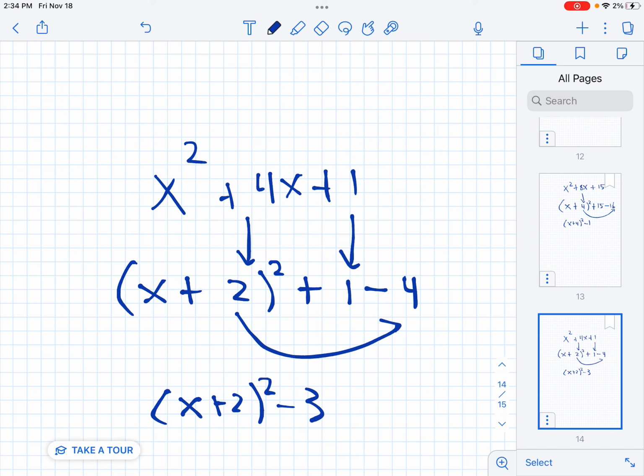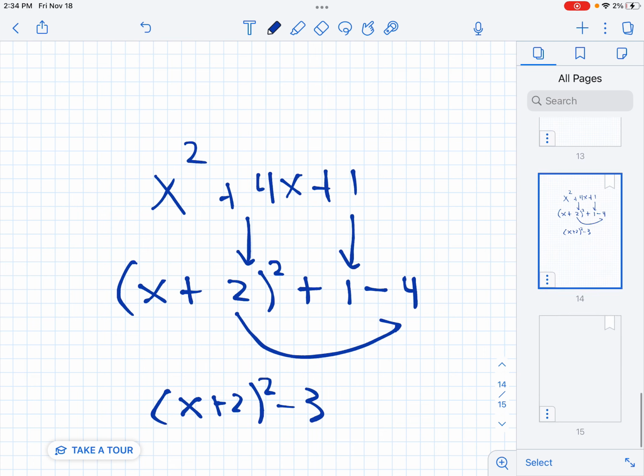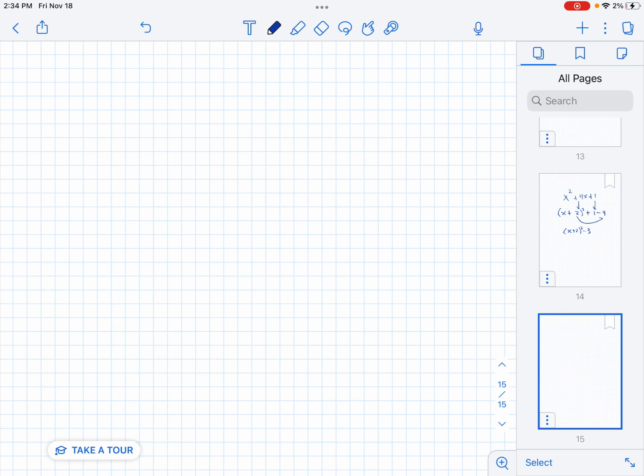Okay, let's go now and talk about something like this. What if I'm given something with negative 2x squared minus 12x plus 10, and I need to find the vertex for this equation? Okay, so for this guy, I've got to, first of all, take out that negative 2.